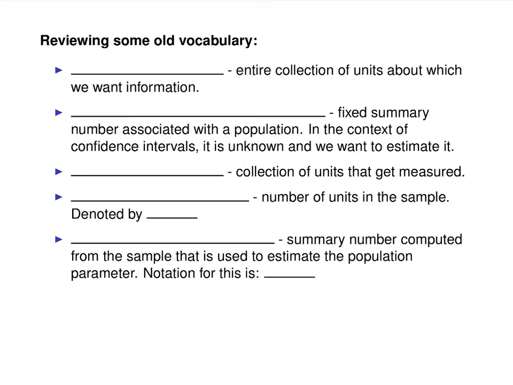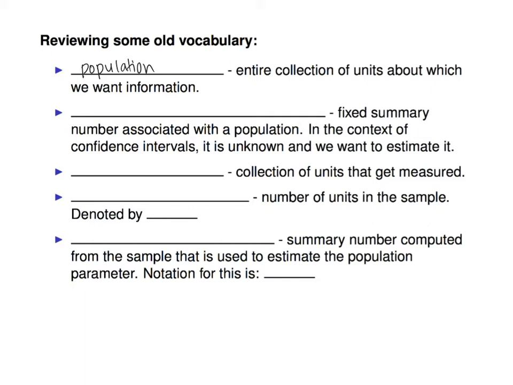So first, let's review some old vocabulary. The entire collection of units about which we want information is called the population. You might care about all eligible voters in America, or everybody in America because you want to know what proportion suffers from allergies.